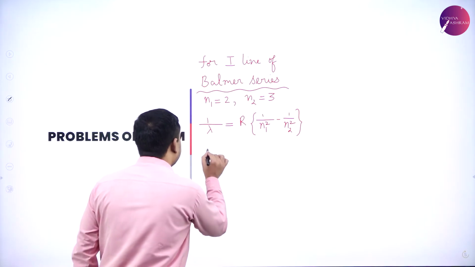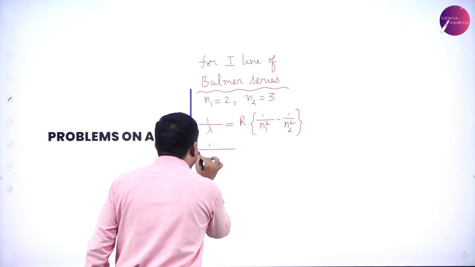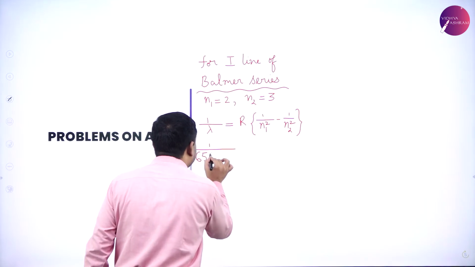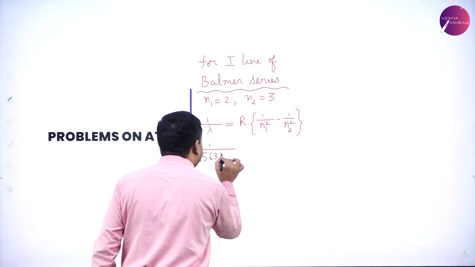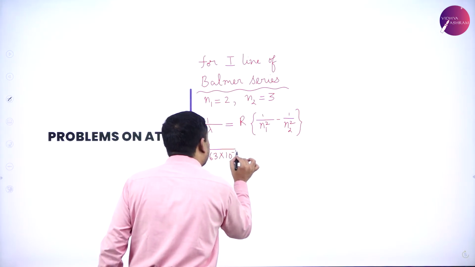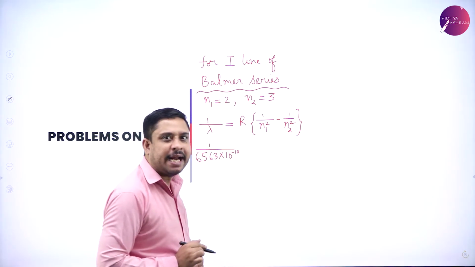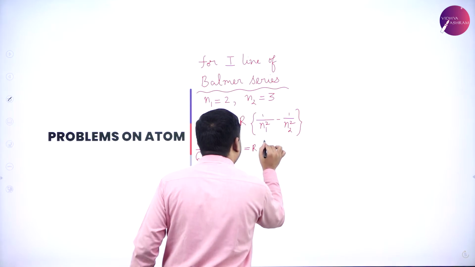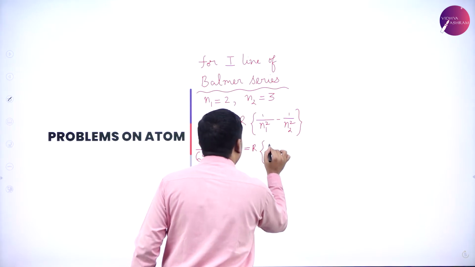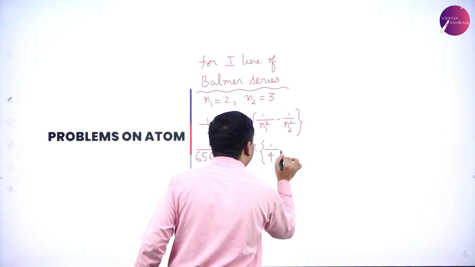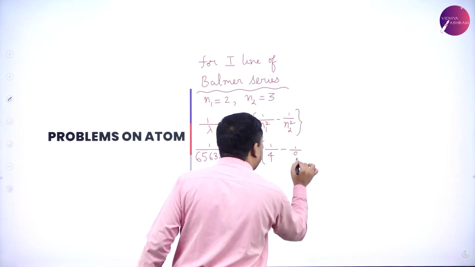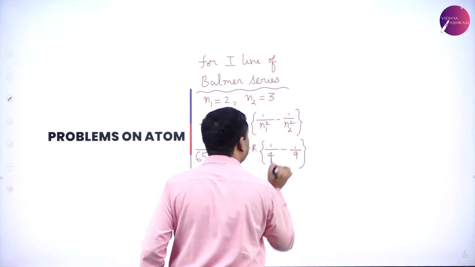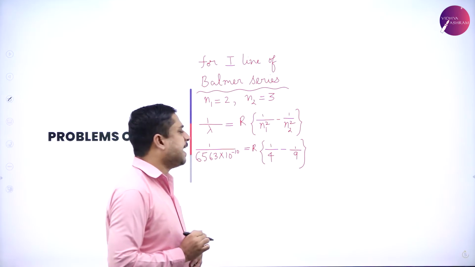Now he says in angstrom, 6563 into 10 power minus 10. This is R, 1 by 4 minus 1 by 9. Again the same thing.